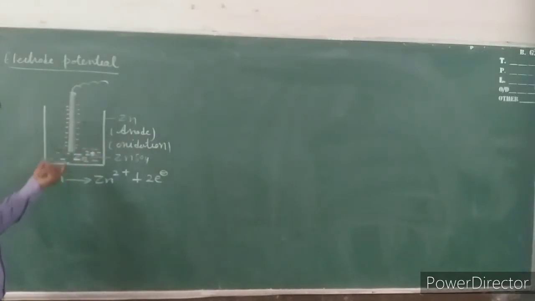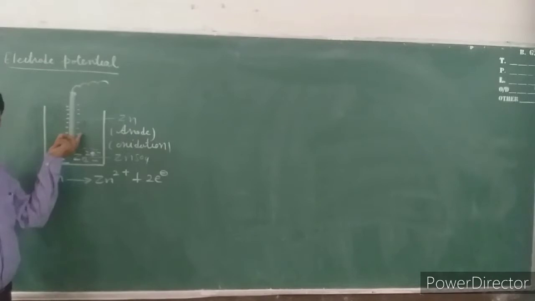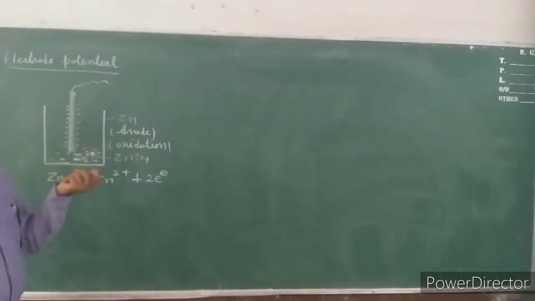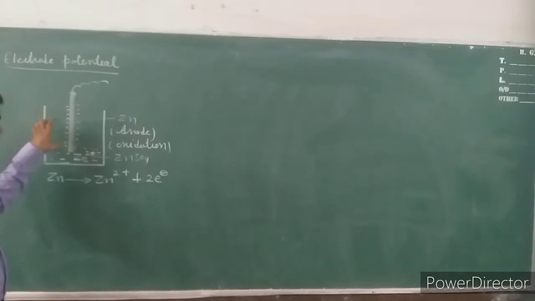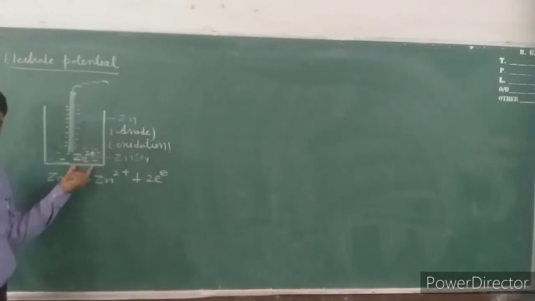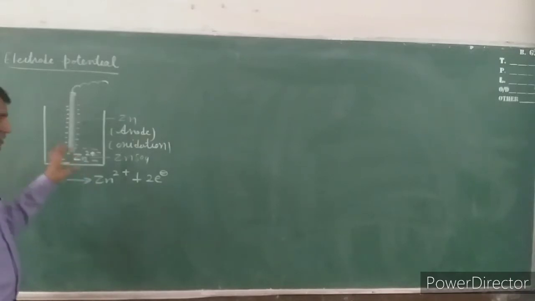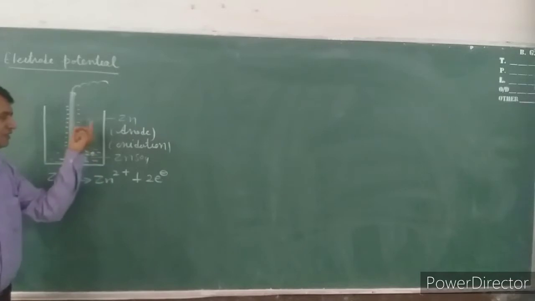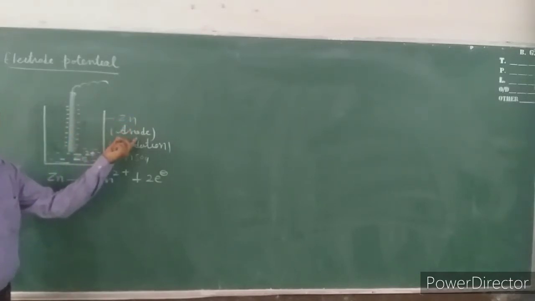So we can observe that at the electrode surface there is a highly negative charge, and in the solution there is a highly positive charge. Due to the difference in charge, there will be a difference in potential. This potential difference between the metal electrode surface and its electrolytic solution is known as the electrode potential when an electrode works as an anode.